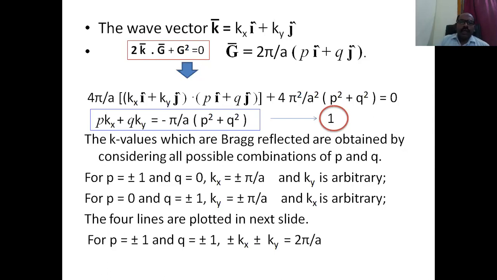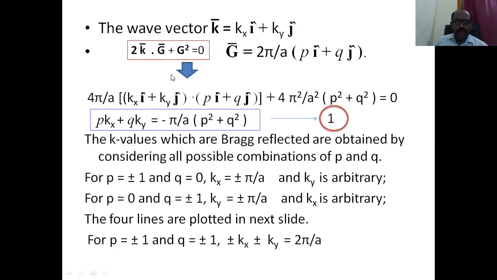Similarly, only for k values fulfilling this condition does Bragg reflection occur, at the boundaries of those k values. If we get a k vector, at the end of that k vector Bragg reflection occurs. We will see that in the next slides.